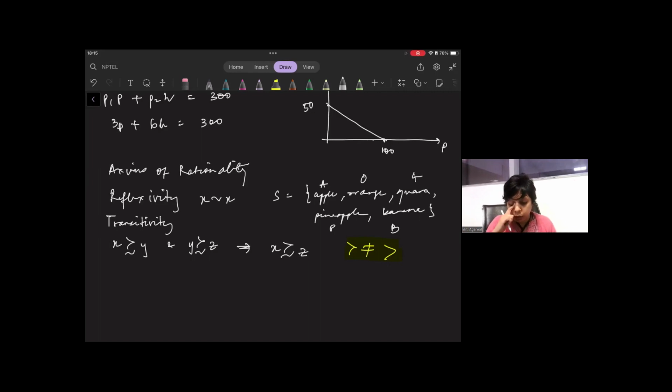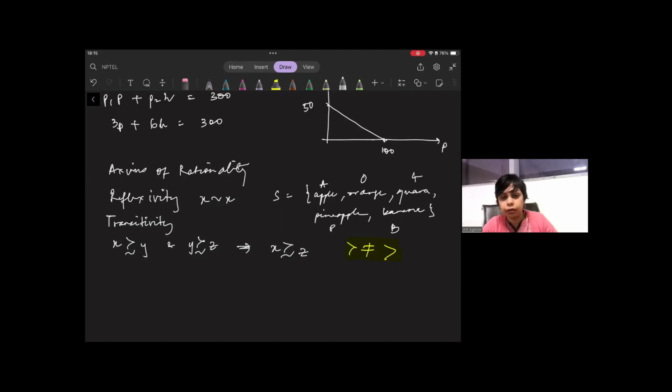So suppose there is a relation we have defined the set on. It can be any relation. It can be "is sweeter than," or "is bigger than." It can be any kind of relation, right? And in the context of that particular relation, X is preferred to Y and Y is preferred to Z. And "preferred to" in this case is not necessarily "more than."